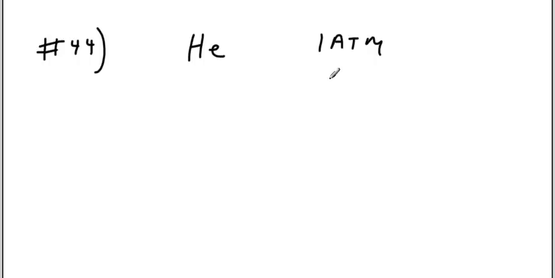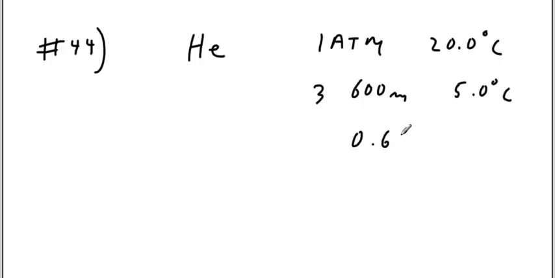And at 20 degrees centigrade. And I'm going to go up to 3,600 meters, which isn't that far up, and at 5 degrees centigrade, where the pressure is 0.68 atmospheres.